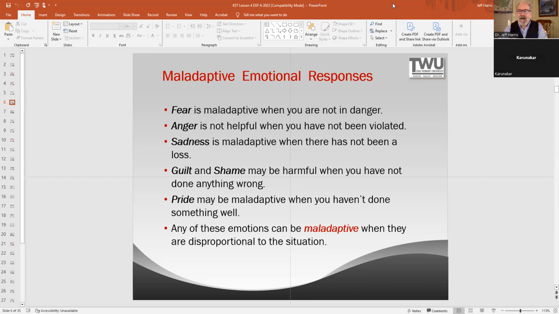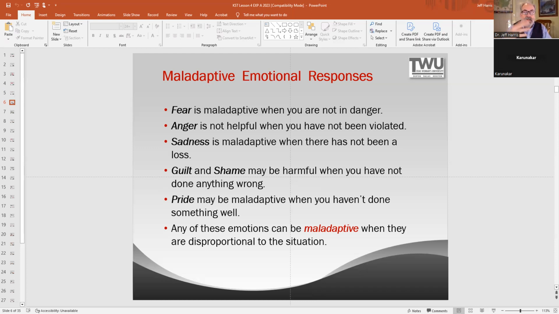So let's look at those top three emotions: fear, anger, and sadness. So in some ways, we can think of anxiety as a maladaptive pattern of fear where people get stuck. Maladaptive sadness is related to depression. And anger, people get stuck in anger. So many people have a kind of a go-to emotion that they overuse.